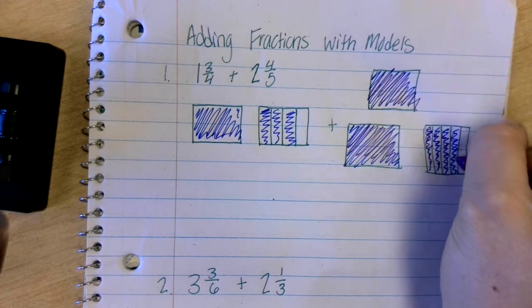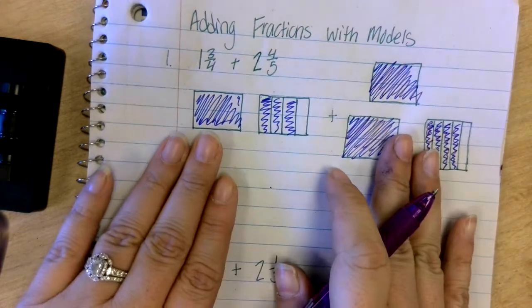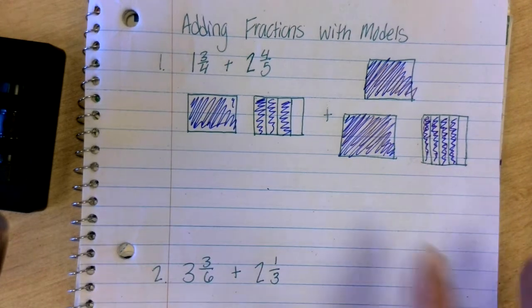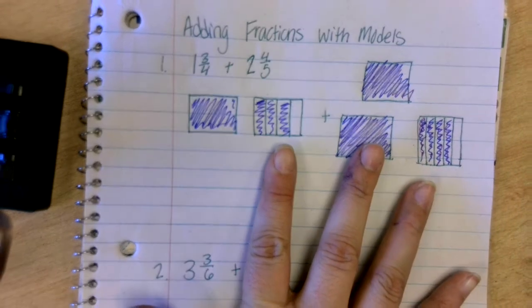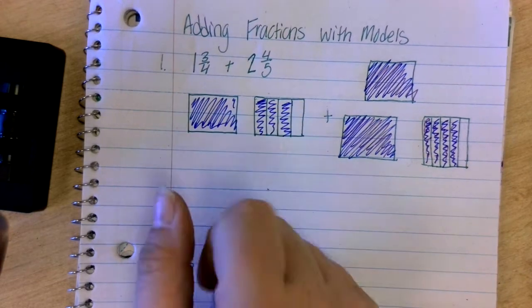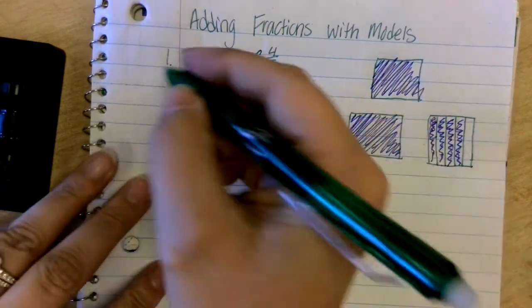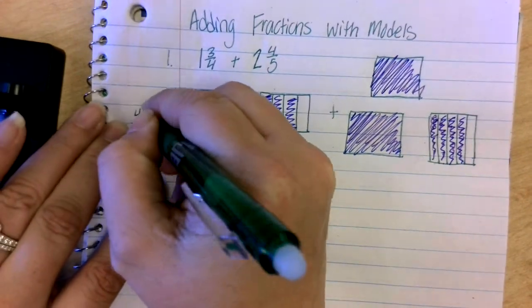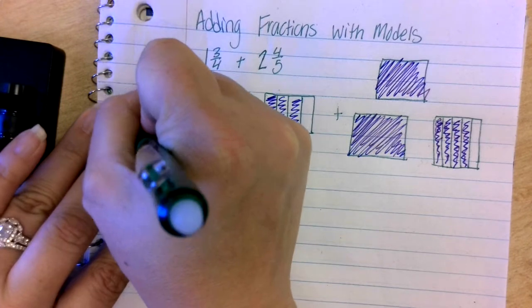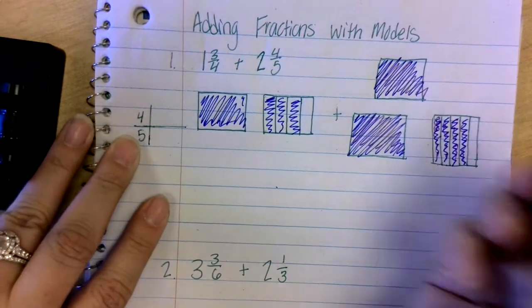All right, so now I'm going to add these two together. And before I can do that, I know that I'm going to need the same denominator for each of these. And I have fourths and fifths so far. So how we find the least common denominator is just listing our multiples or thinking what's the smallest number that these two have in common.